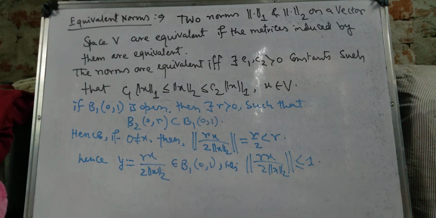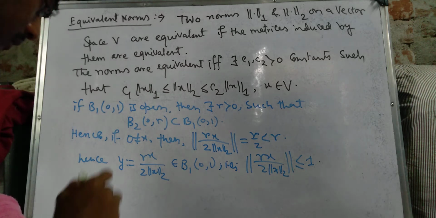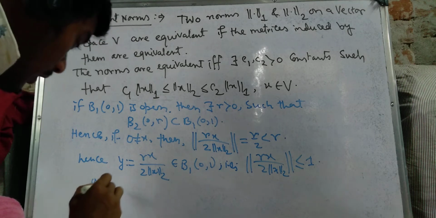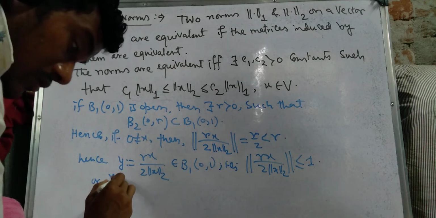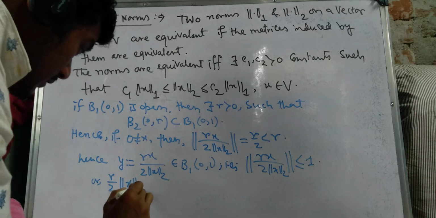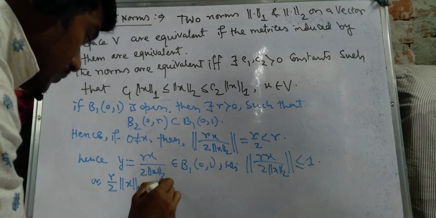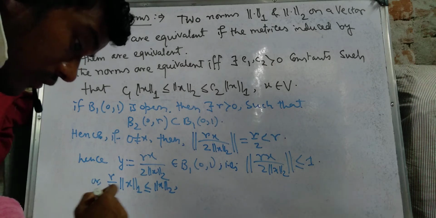This implies that R by 2 norm x1 is less than or equal to norm x2 for all x.